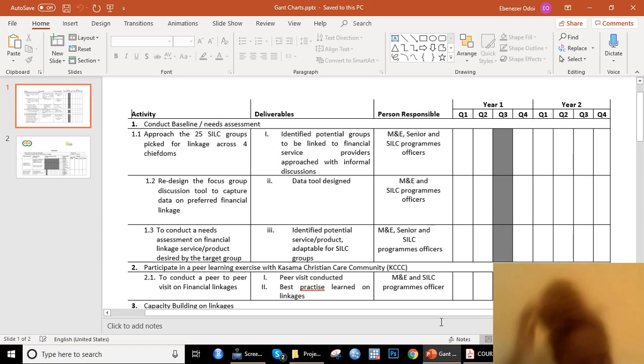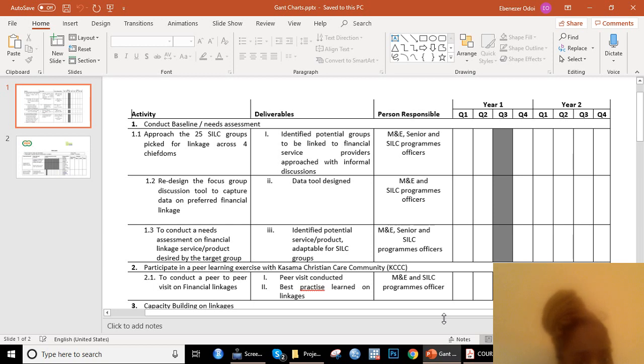It may also show the deliverables that you expect as a result of a certain activity. So that's what we mean when we say Gantt charts may vary, but overall you always have activities going down the vertical axis, whilst the time frame goes across the horizontal axis.